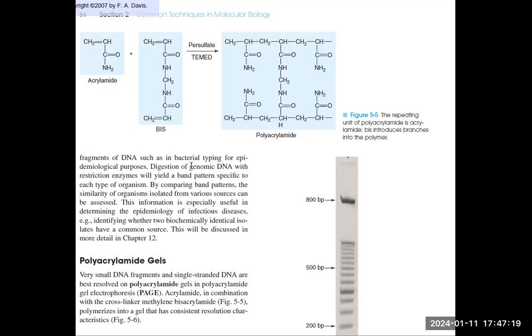Digestion of genomic DNA with restriction enzymes will yield a band pattern specific to each type of organism. So after we resolve them, just compare the bands, and see if there's a similarity among the microorganisms if we're able to isolate them from various sources.